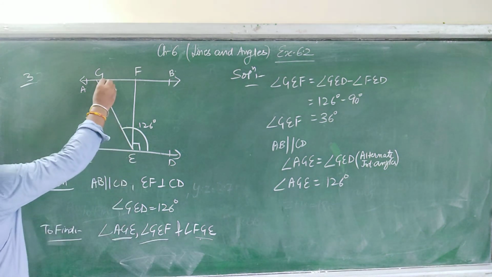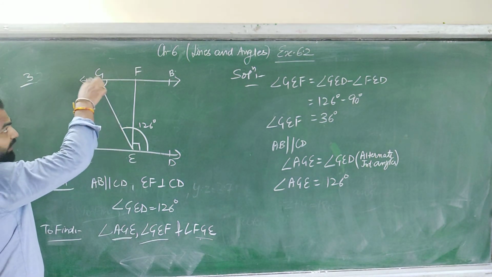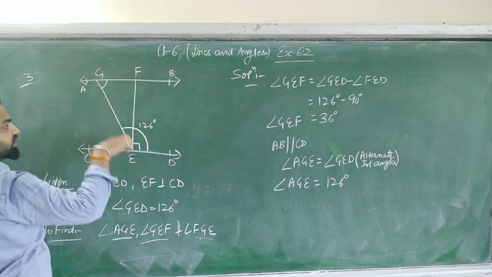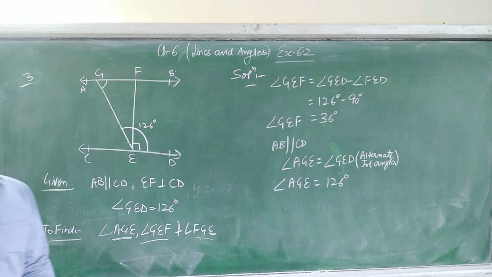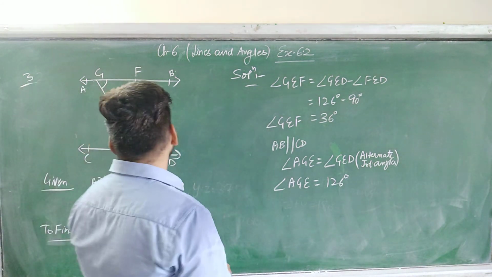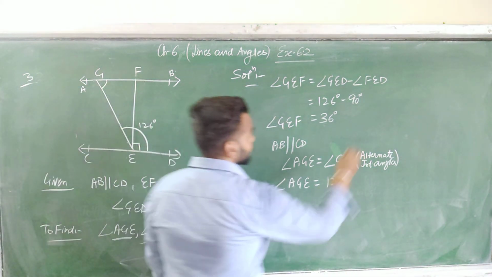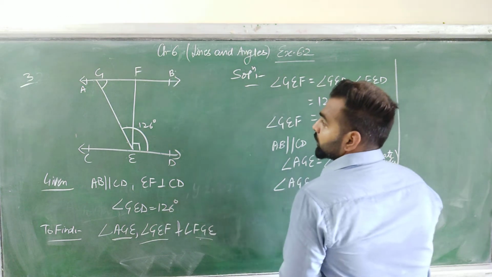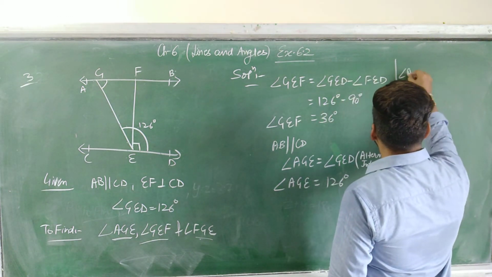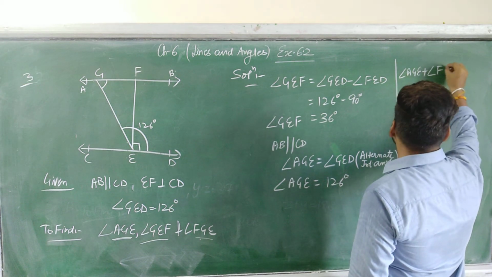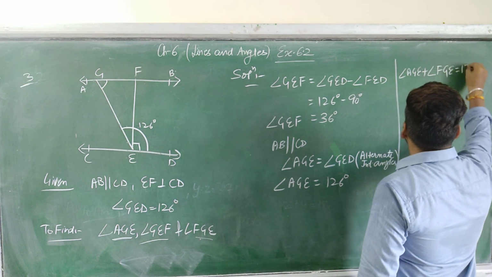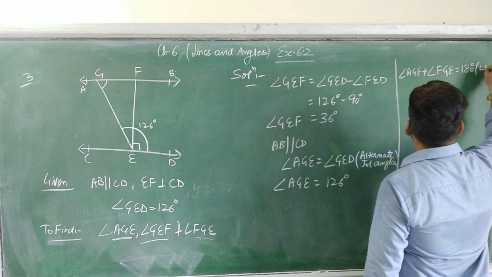Finally, we have to find the value of FGE. This is angle FGE. We can see that angle AGE and angle FGE lie on the same line AGF, and they will form a linear pair. So angle AGE plus angle FGE is equal to 180 degrees, linear pair.